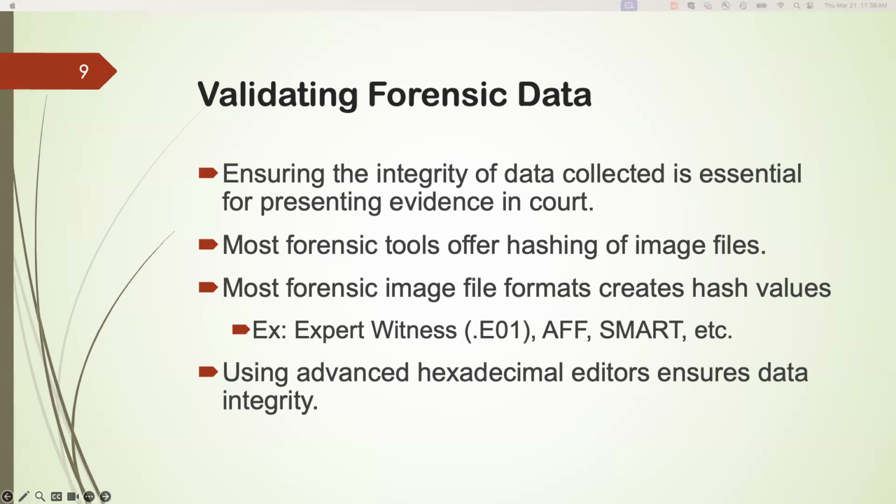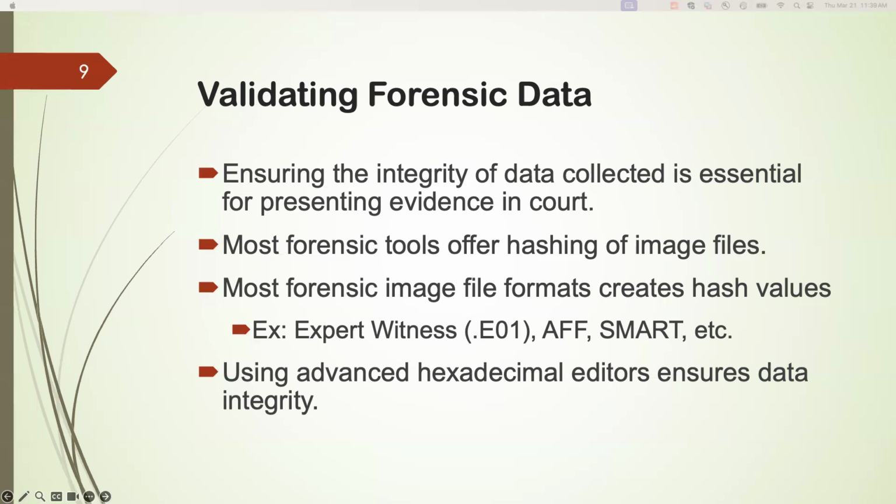Most of the tools that we use, such as Autopsy, FTK Imager, and so on, do provide some form of hashing all the time. When we acquire the data, they generate a hash of that data as well and append it in the file. Some formats such as E01 and AFF SMART also provide the data hash automatically.